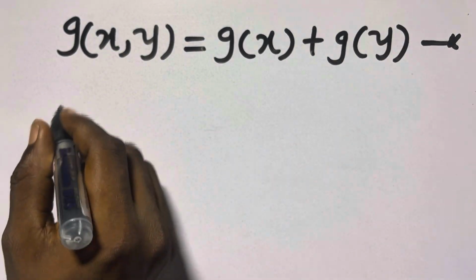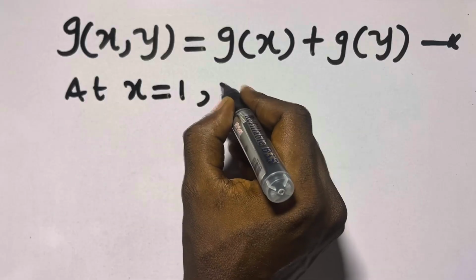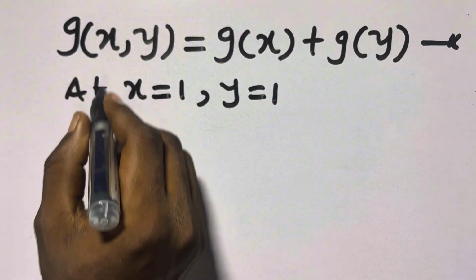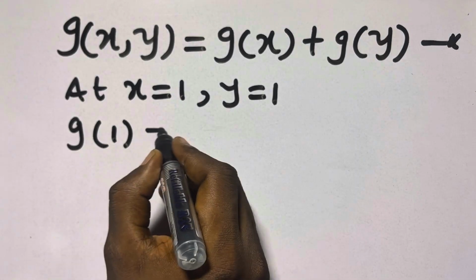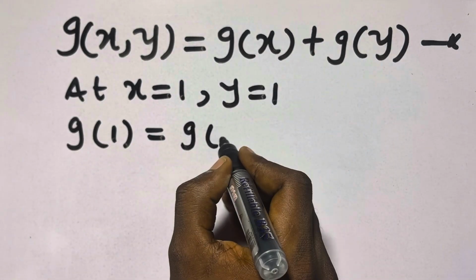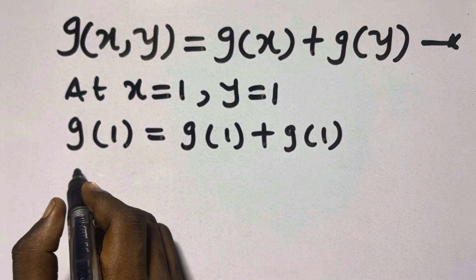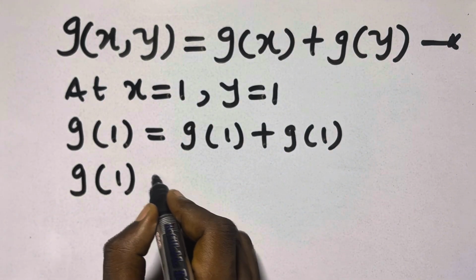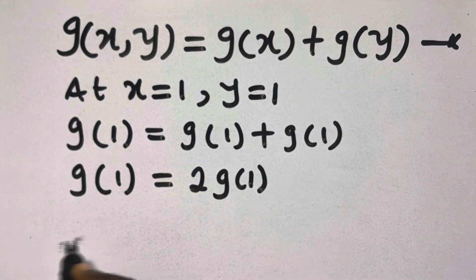So now at x equals 1 and y equals 1, we are going to have g of 1 equals g of 1 plus g of 1. Alright, so therefore we have g of 1 equals 2 g of 1.